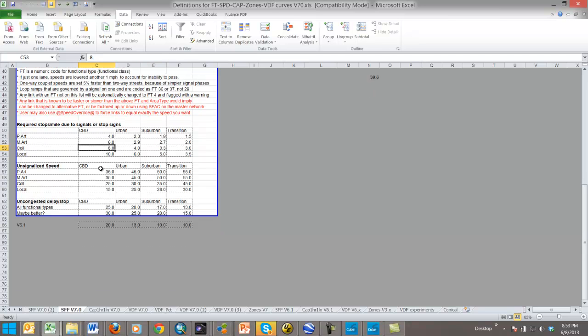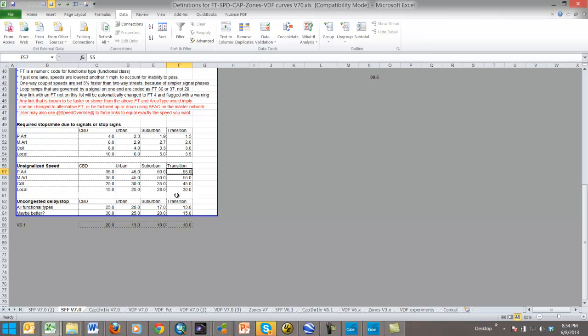So that's that. Unsignalized speed. So this is how fast the road probably is in these different areas. So again, this is just guesses, and it's one of the things that makes modeling hard and makes calibrating and validating these things difficult, is the actual road speed limit of any given road is not like this.